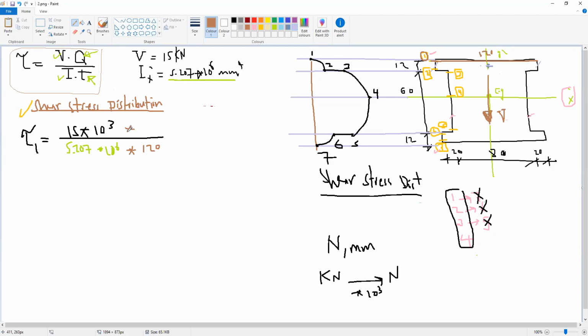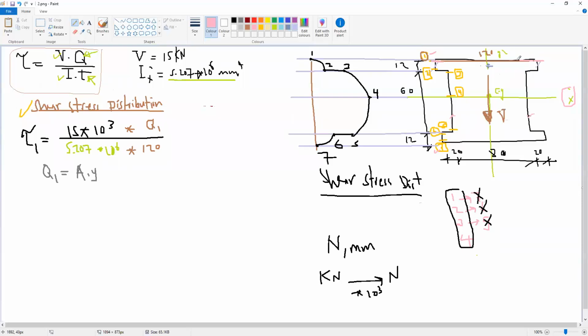So the last thing we need to know is Q. Q1. So I will put Q1 here. How can we find Q1? Q1 generally is the area multiplied by Y. If we are at cut 1, here is cut 1.